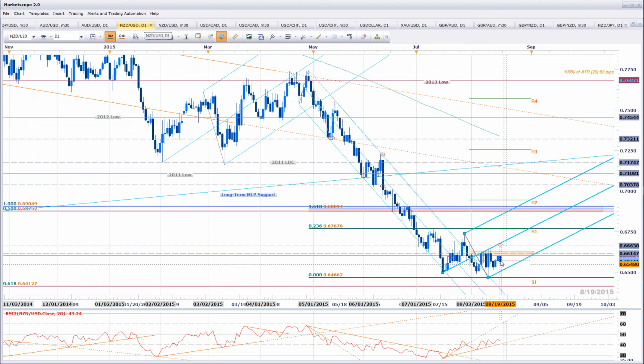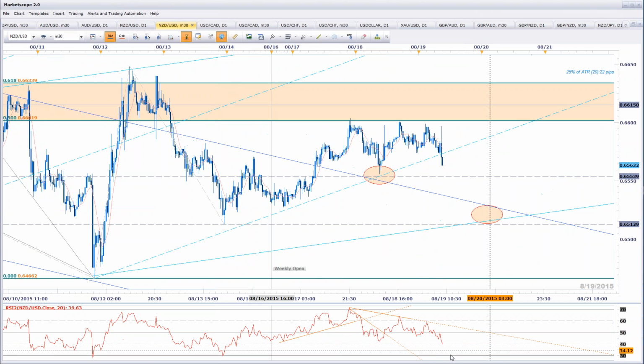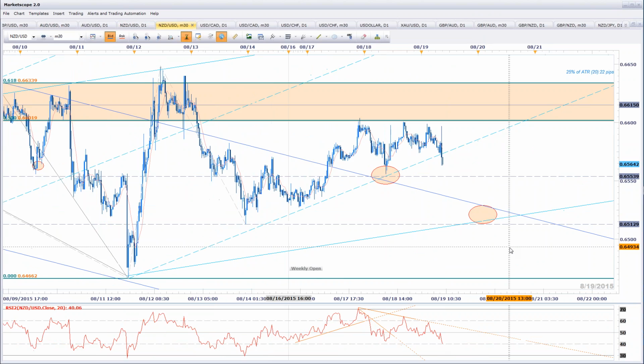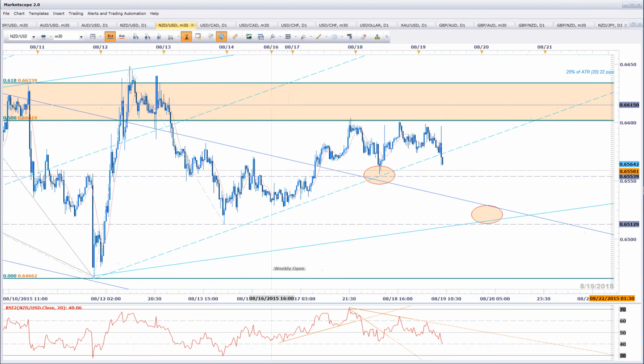You can envision a scenario, guys, where Kiwi pulls off right into that trigger support on the daily. Momentum on the intraday is at 40. So if that breaks, you look for a pullback into this region. And like I said, that would be a nice possible area of where we'd start to look for long triggers.